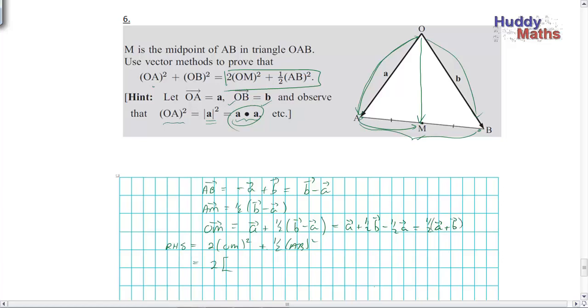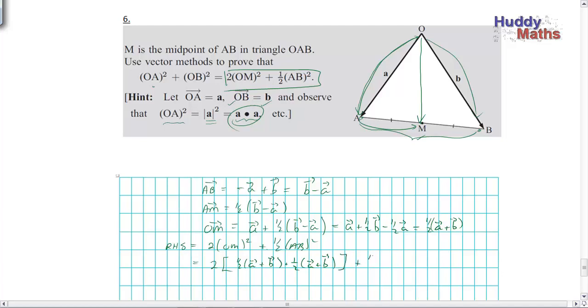All right, simplify it. So OM squared is a half A plus B dotted with a half A plus B, looking a bit messy here at the moment, and that's OM squared. So we've got 2 of them.